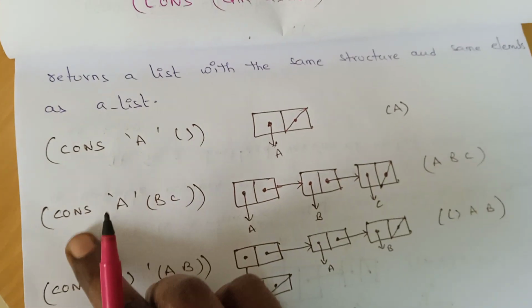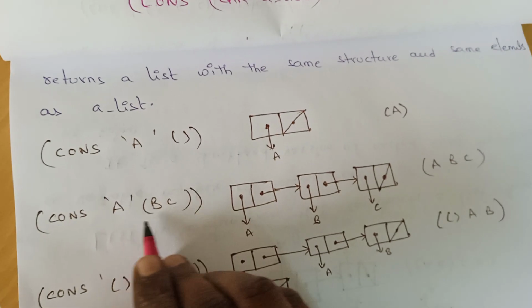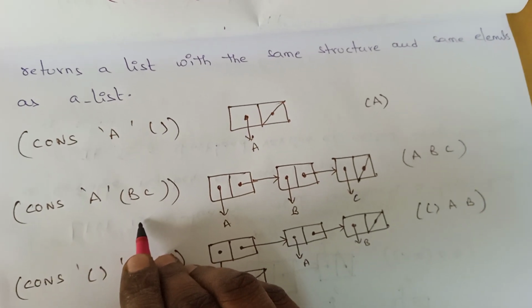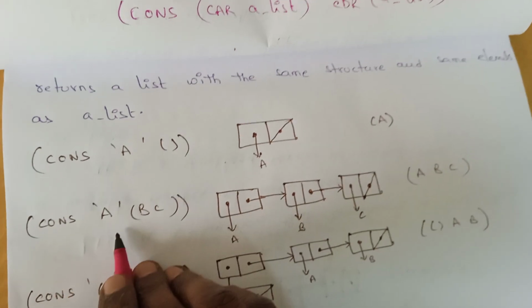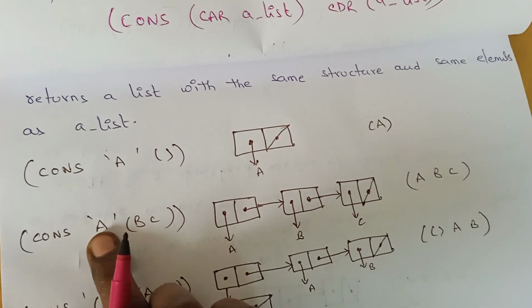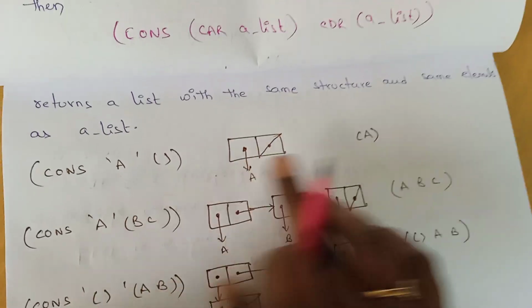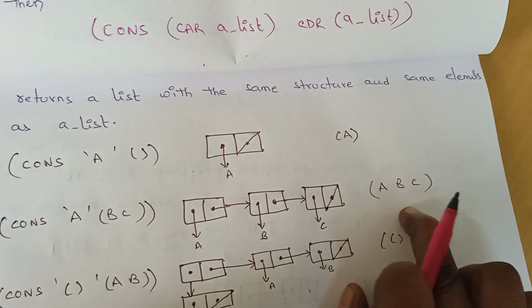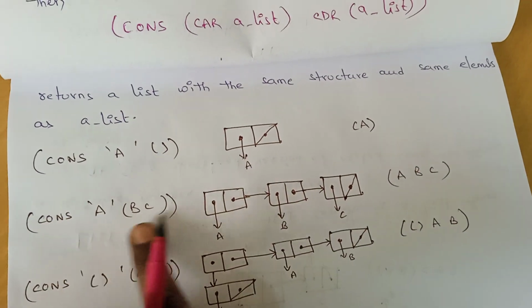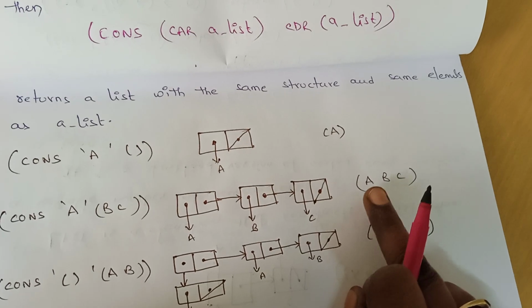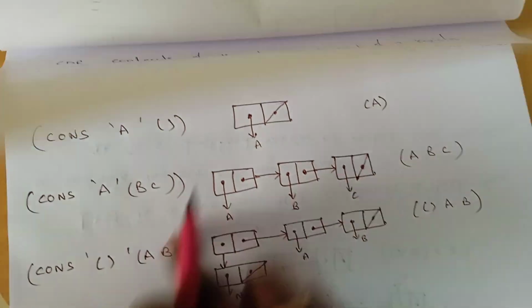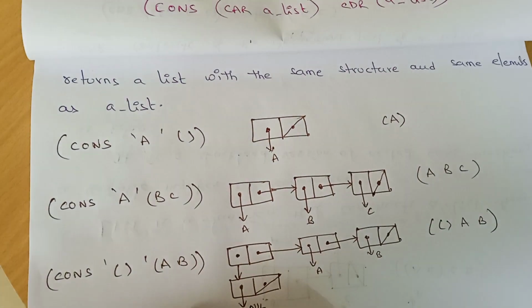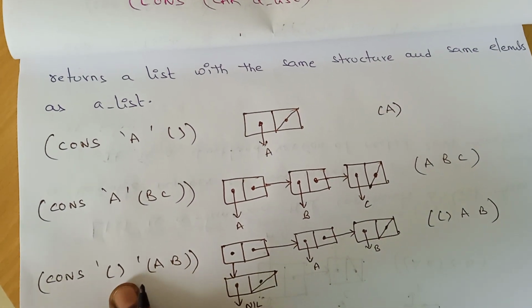Now let's look at CONS A, B, C. As far as the CONS function is concerned, it returns the CAR part and CDR part as a new list. Now CONS A B C, the new list is what? ABC. The same with CONS of the empty list, A, B: these are the parameters, and this is the function name.